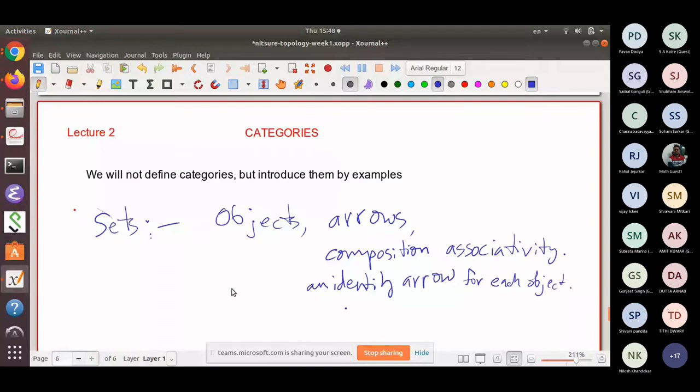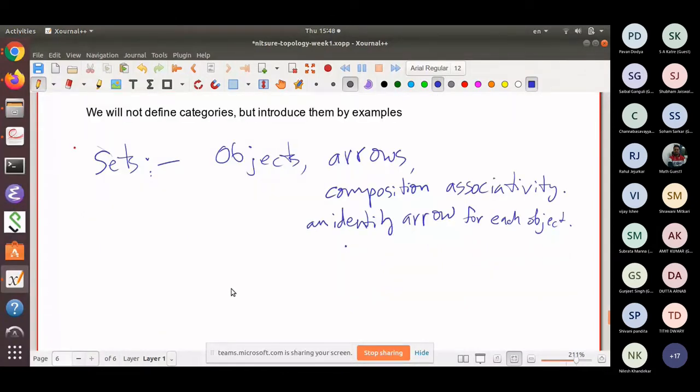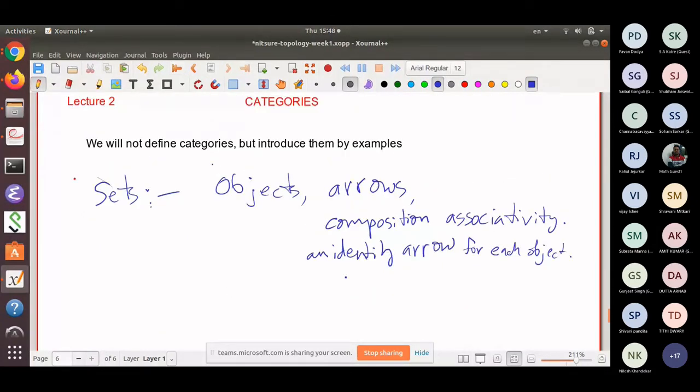So let us see, I'll put this big box around here, okay?